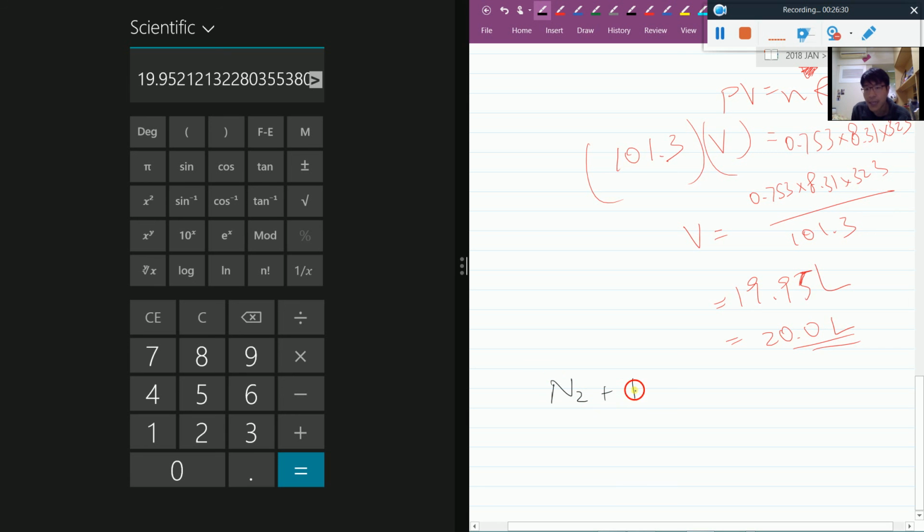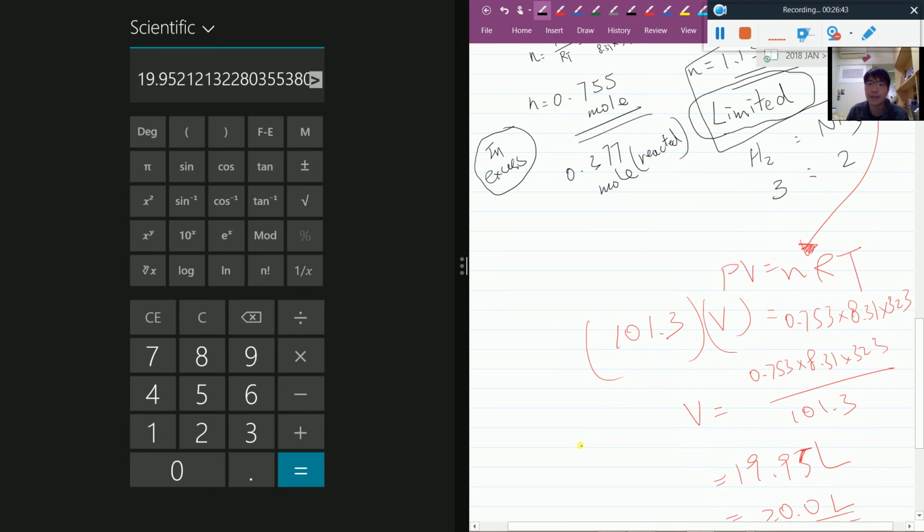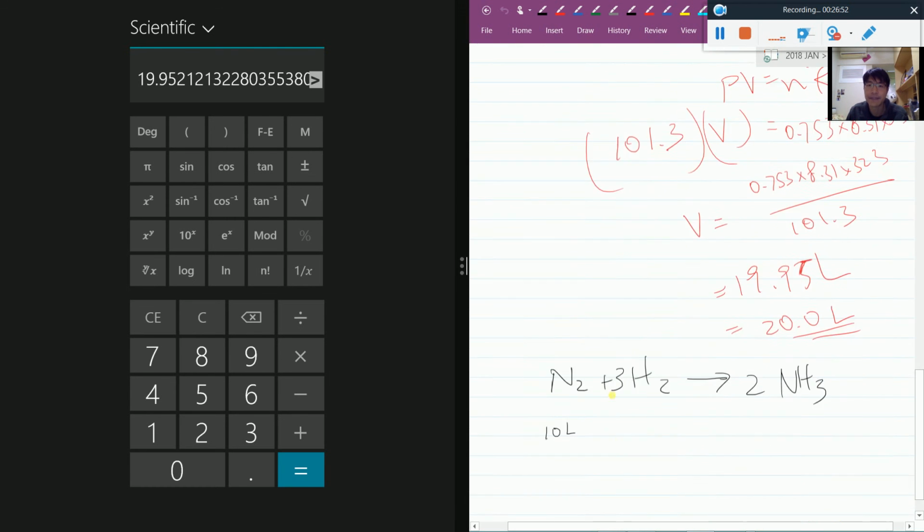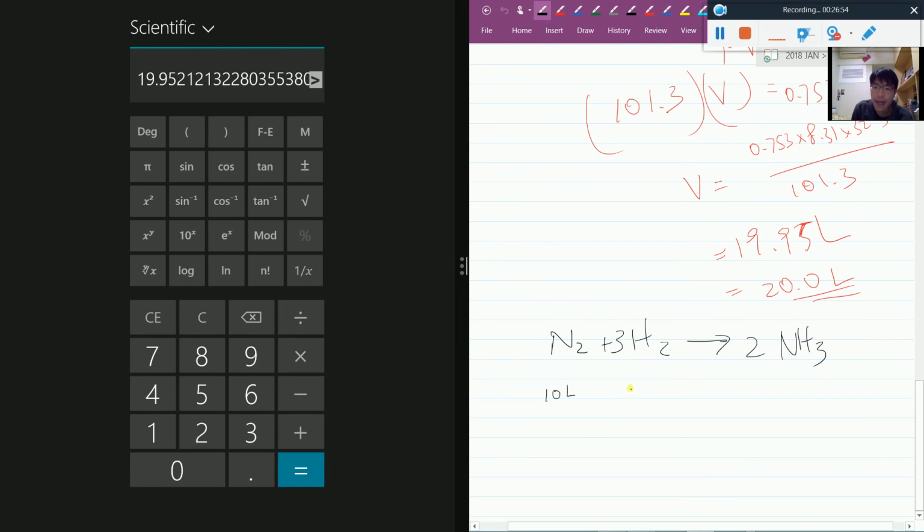N2 plus H2, according to the ratio, is 1 to 3, going to make 2 NH3. We have 10 liters. Let's react it, because of 20 liters, we just used half of it, and then completely 30 liters is going to react, and at the end we make 20 liters.